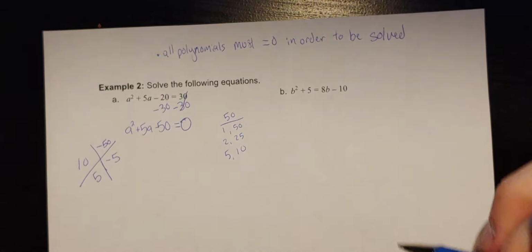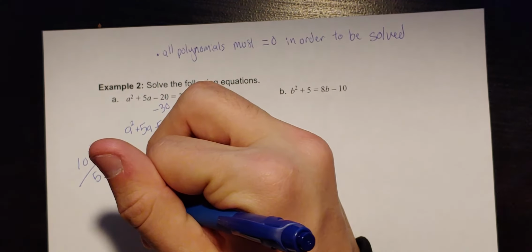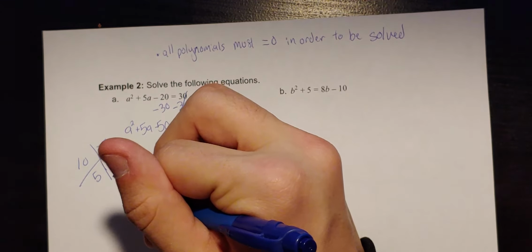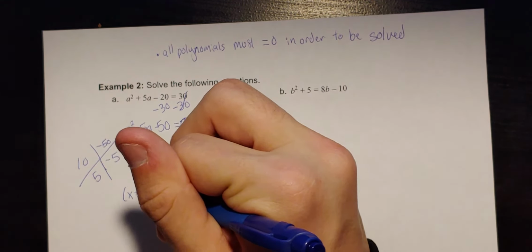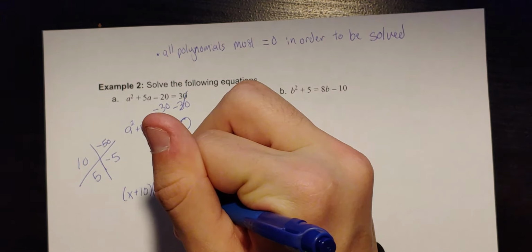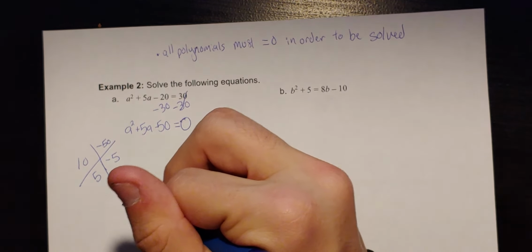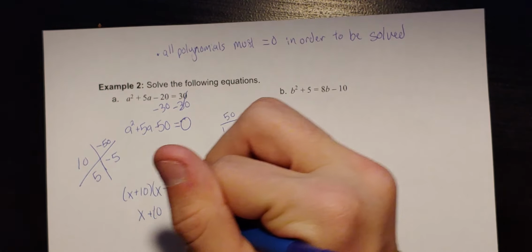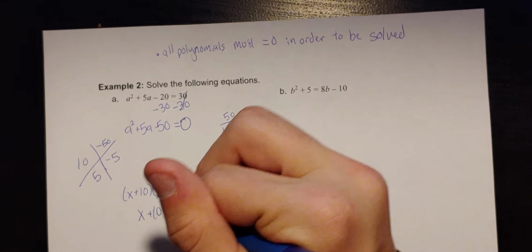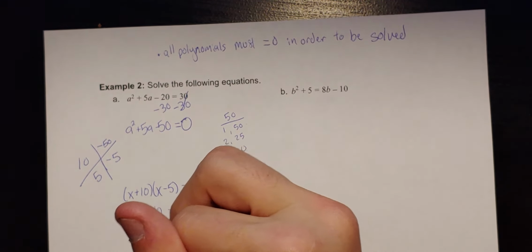All right, when we write it out, I have a positive 10 and a negative 5. So when I rewrite that as a factored expression, I get x plus 10 and x minus 5, all equal to 0. And then I can set up my two equations. If you still need to do that, it's perfectly okay.